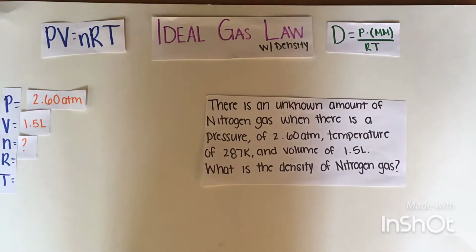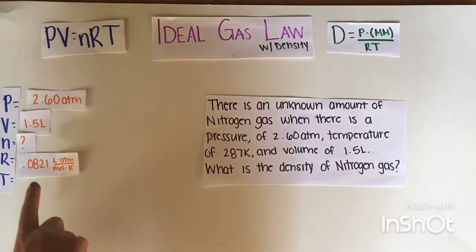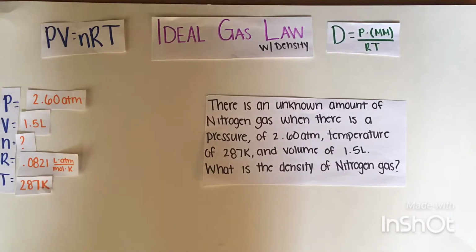Then, like I said, you'll have the gas constant for R, right there. Won't change for any problem. And then lastly, we see temperature is 287 kelvins. Now, you can look at the units for each one, and it's what's needed for PV = nRT, so you won't have to do any type of conversions.